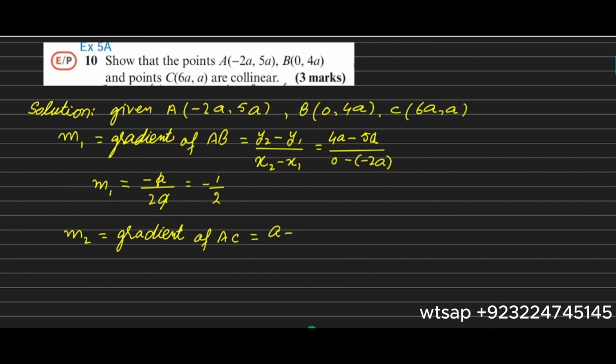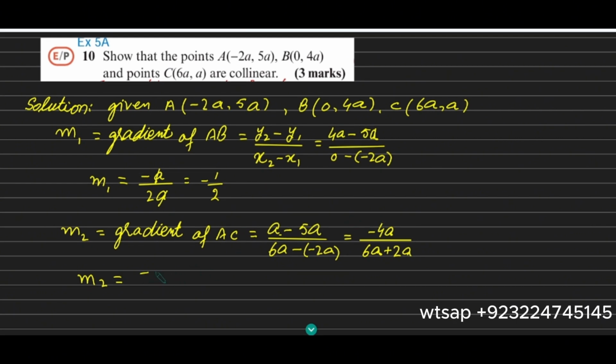So we write a minus 5a, which gives minus 4a, divided by x2 minus x1, that is 6a minus minus 2a, which is 6a plus 2a, equal to 8a.